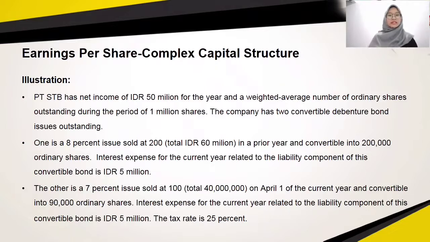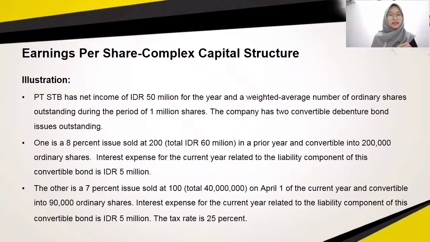The illustration is PT STB has net income of 15 million for the year and weighted average number of ordinary shares outstanding during the period of 1 million shares. The company has 2 convertible debenture bond issues outstanding.